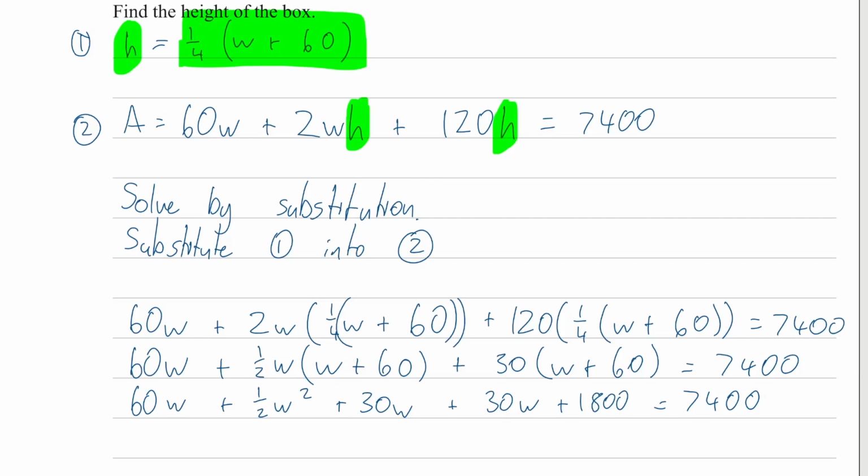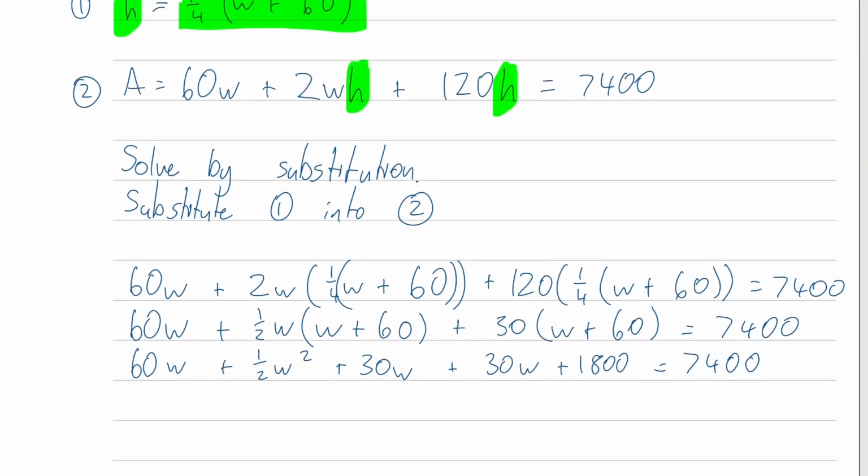Now we can group like terms. And you'll notice we have a w squared term as the highest power. So this will actually simplify to a quadratic. So I'm going to write it in standard form. And what that means is I put the w squared term on the left, and then the w term, and then the constant equals 0.